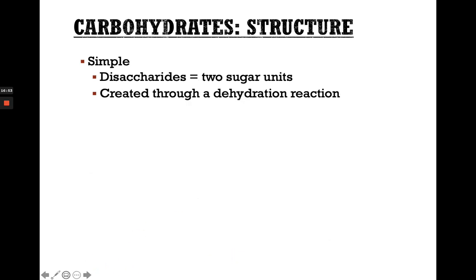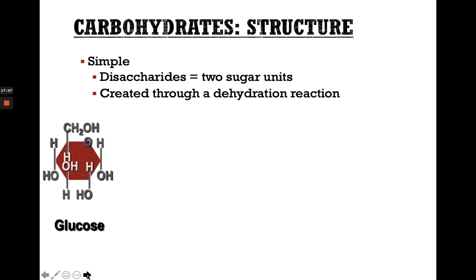You can also have disaccharides, where we have 2 sugar units attached together, again created through a dehydration reaction. Disaccharide, right? Di meaning 2, and we just saw an example of a dehydration reaction just before. So here's an example.